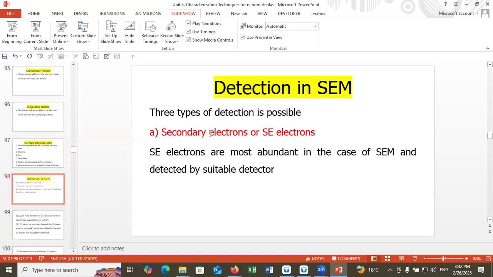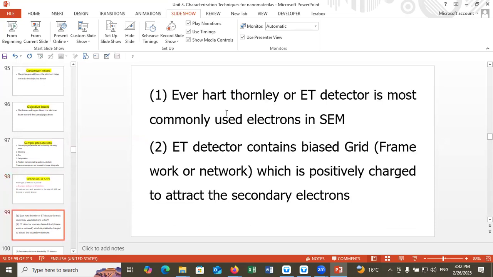Detection in SEM. These three types of detection are possible. Secondary electrons are the most abundant in the case of SEM and are detected by a suitable detector. The Everhart-Thornley (ET) detector is the most commonly used detector in SEM.